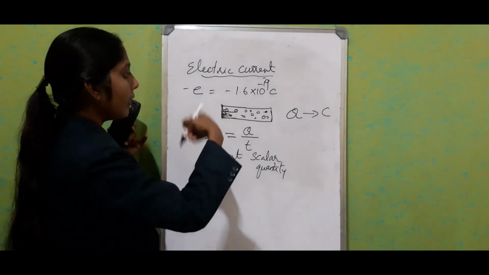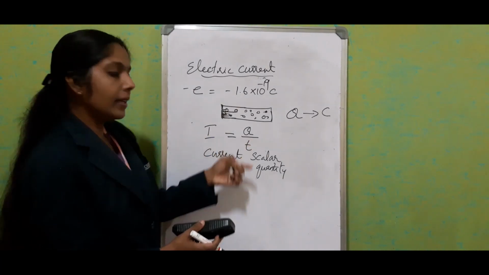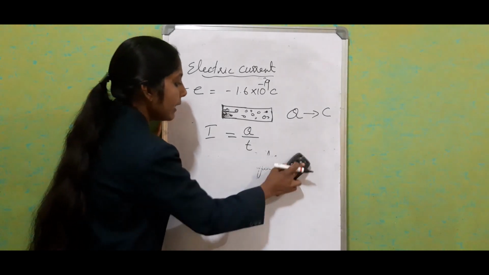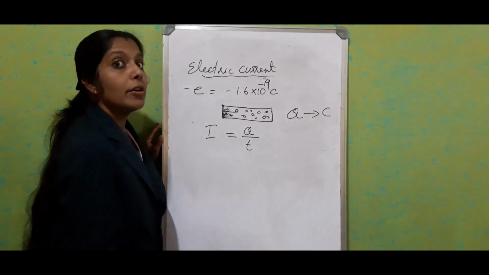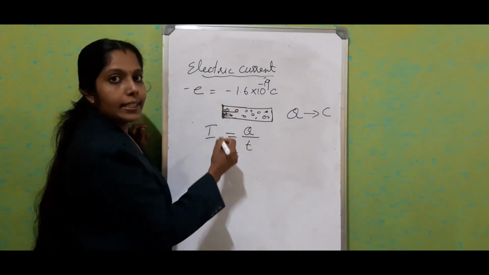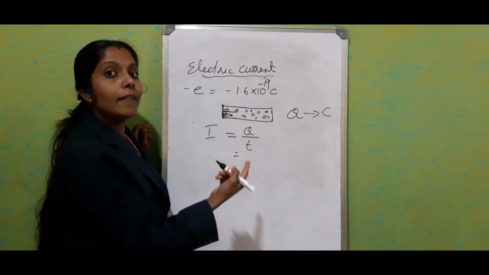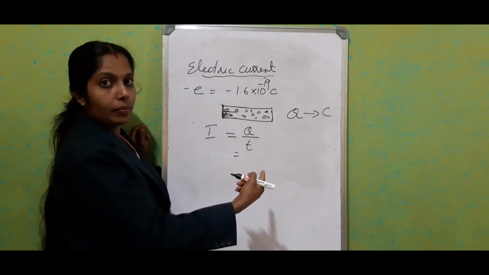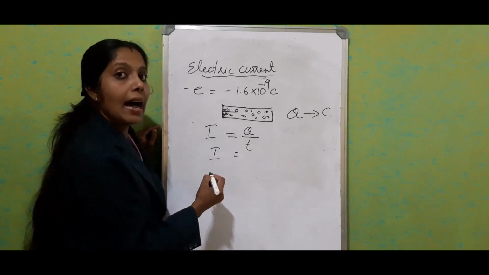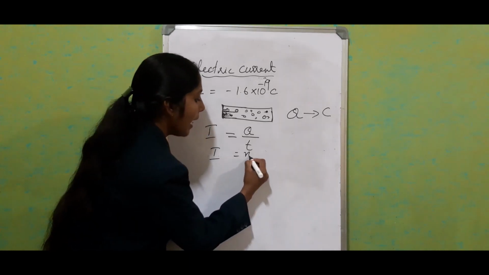Now, if we rearrange the equation, we simply wrote it as Q divided by T. If you are mentioning that in terms of the number of electrons, Q means in this cross section how many electrons moved, divided by T. We can rearrange the equation as I is equal to N into e.